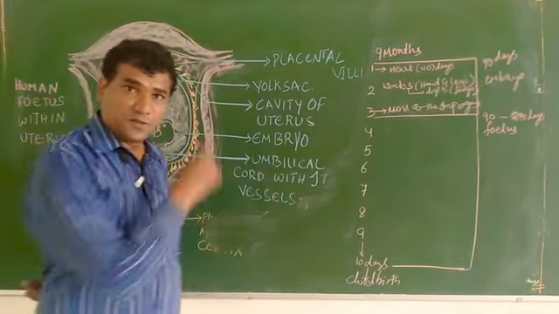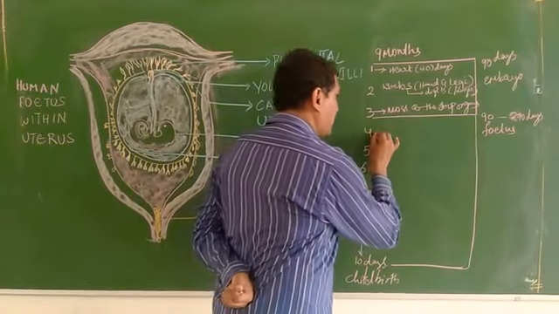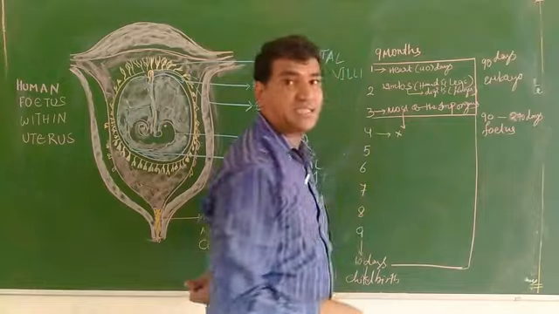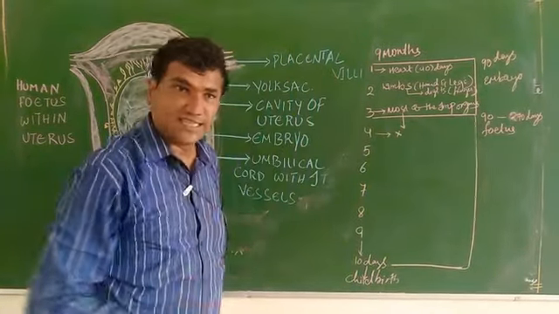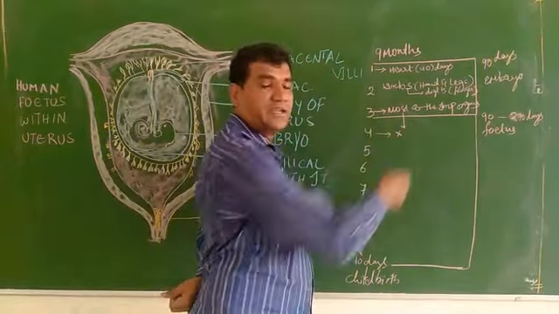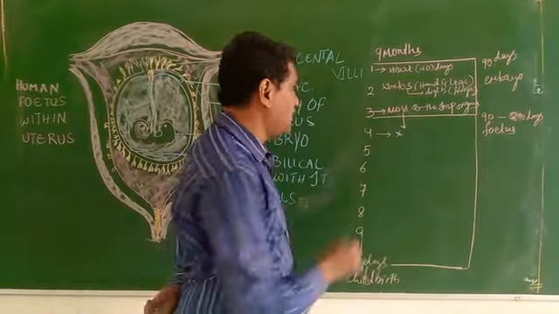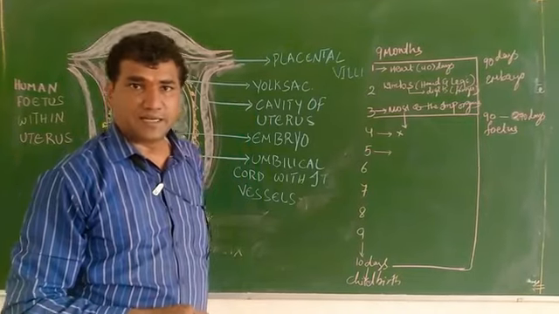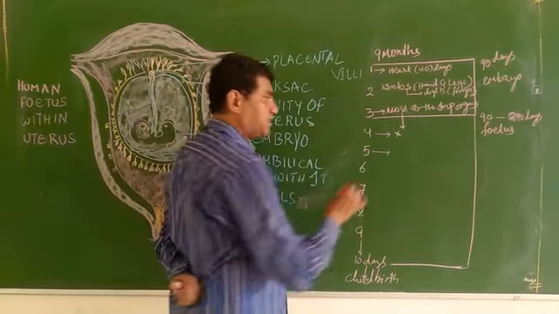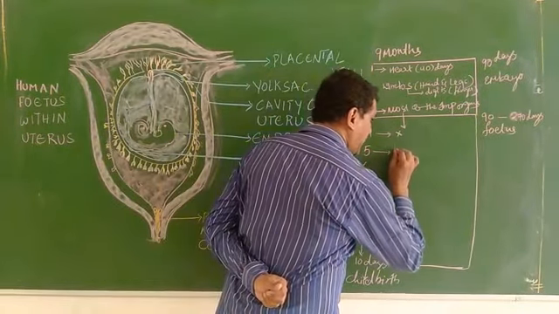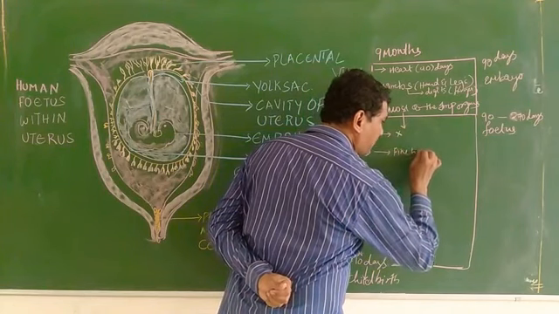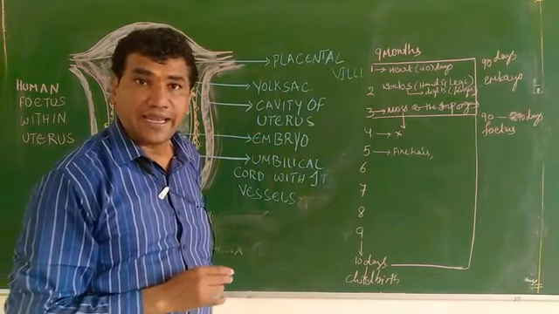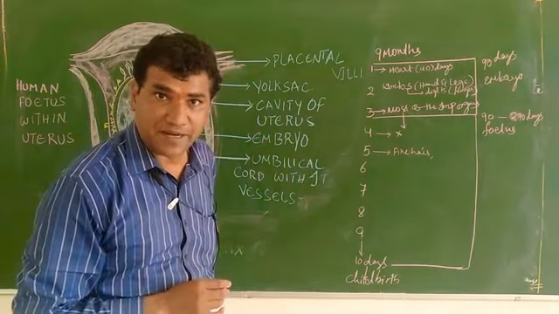In the fourth month of development, there is a continuation, but no major changes. In the fifth month of pregnancy, we can see fine hair on the body, and eyelashes and eyelids separate.